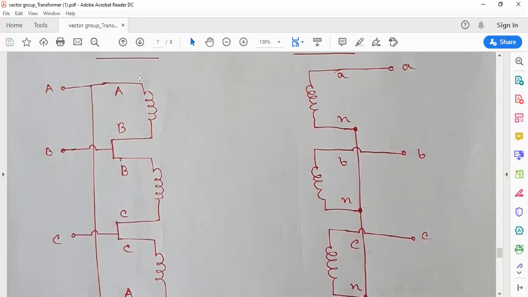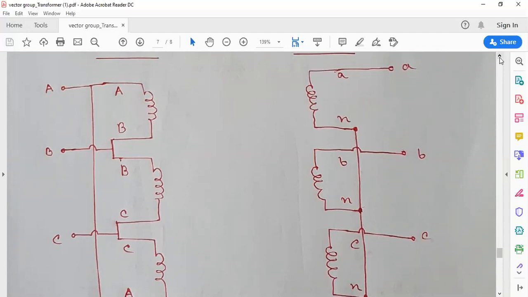So we already know that in a transformer, the primary and secondary voltages are always in phase. Their direction will be the same. The voltage in this winding will be in phase with the voltage in this winding. So a voltage will be applied in this winding which will be in the same direction as the voltage induced in the secondary, which is VAN.